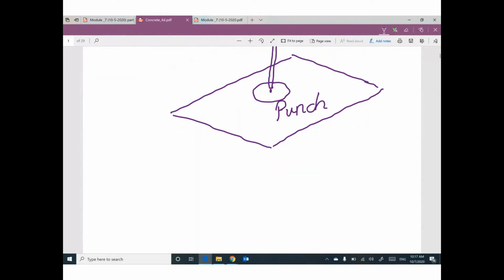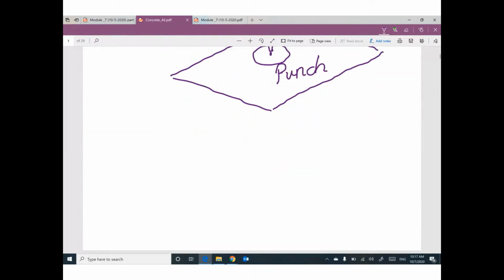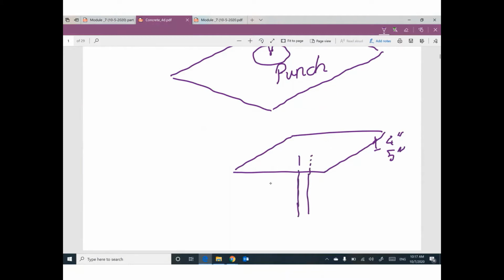Okay, can we flip this shape? We have a slab with a little thickness, 4 inch or 5 inch. It's still very thin. And we have a column underneath the slab.